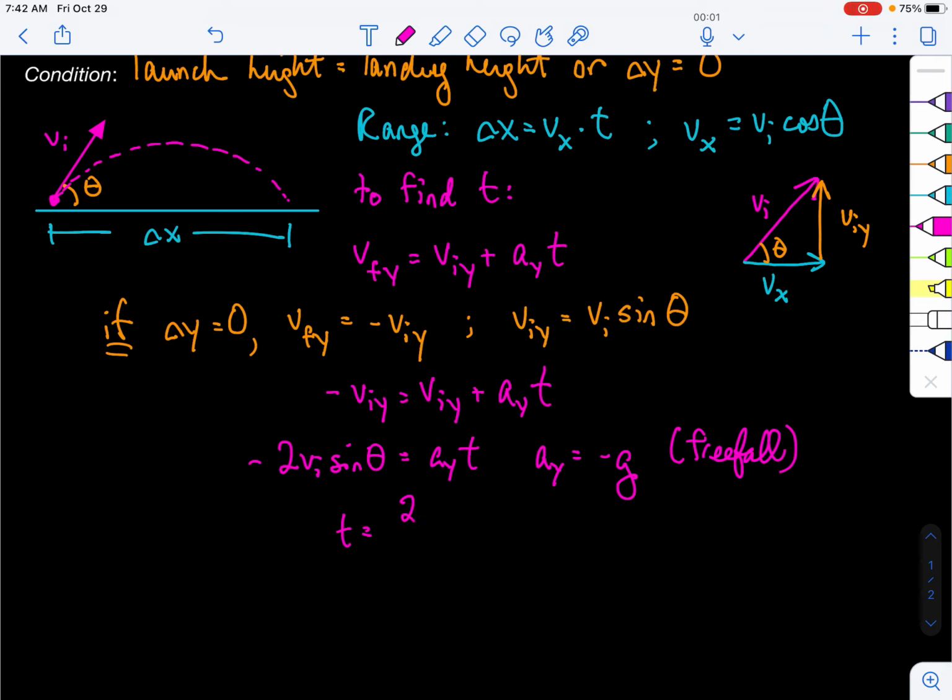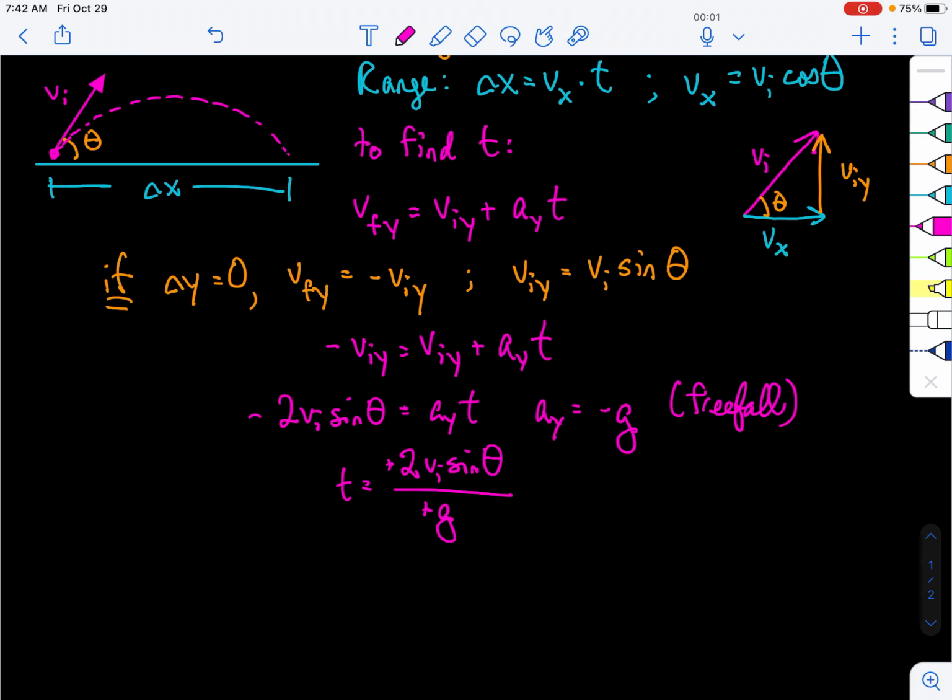So this becomes negative 2 vi sine theta all over negative g. So those negatives go away, right? All right, so this is a handy little tool. I don't suggest that you memorize it, but it definitely can come in handy. Again, though, remember that this has that big if.